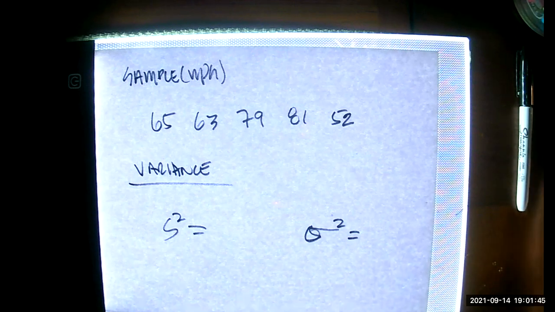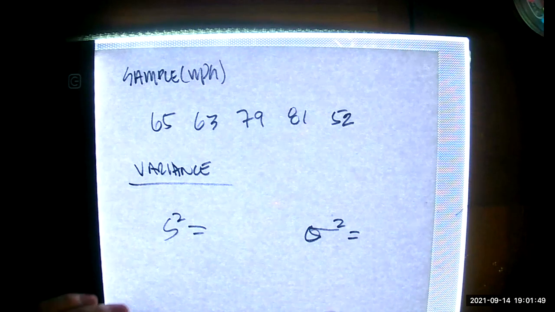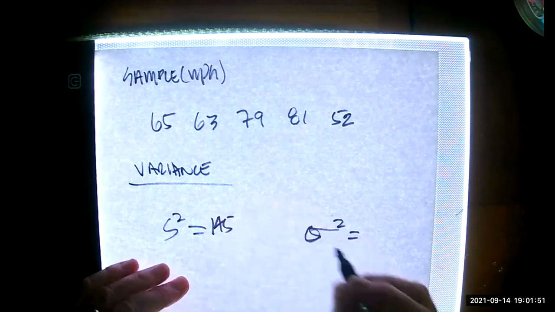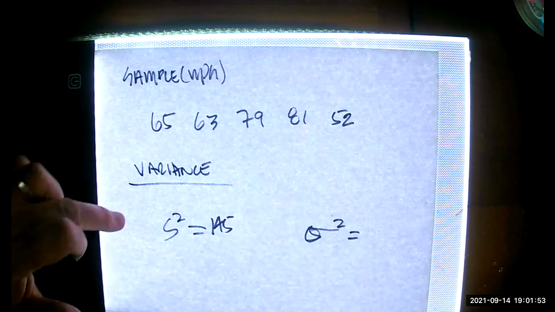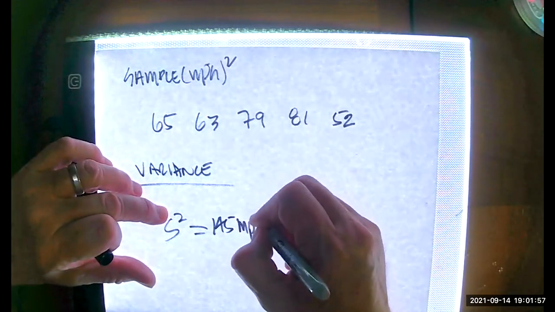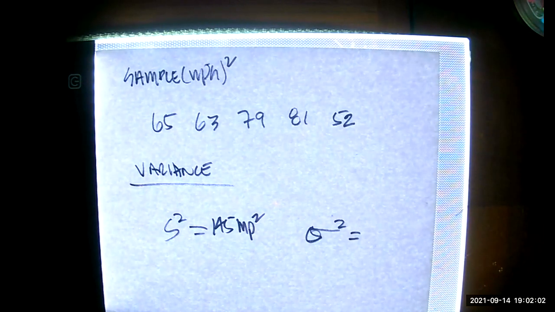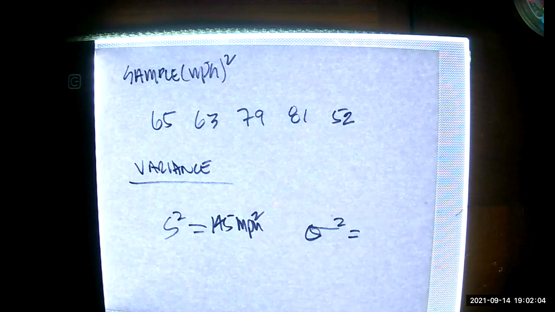And I will note that my variance is 145 for the sample. Ooh, but we squared this, so we've also got to square the units. 145 square miles per hour. There should be an H in there. There we go.